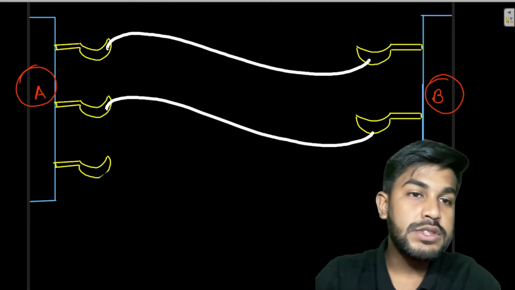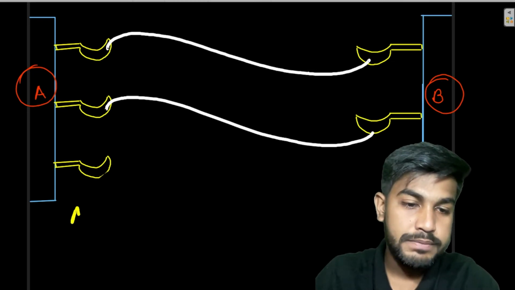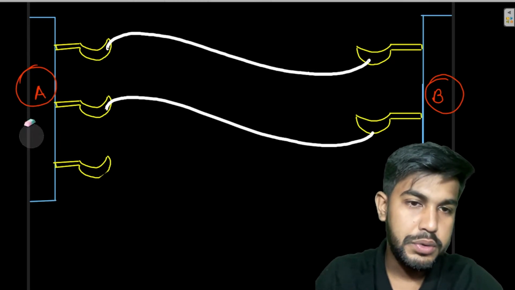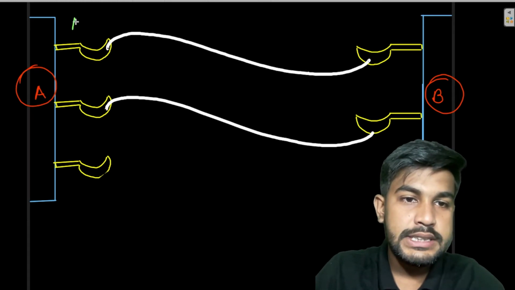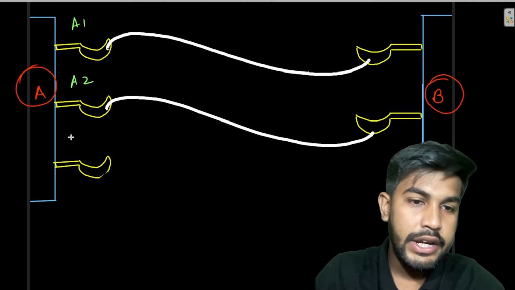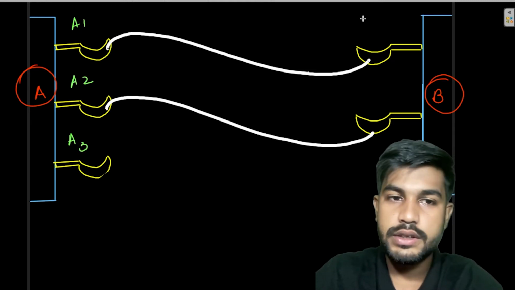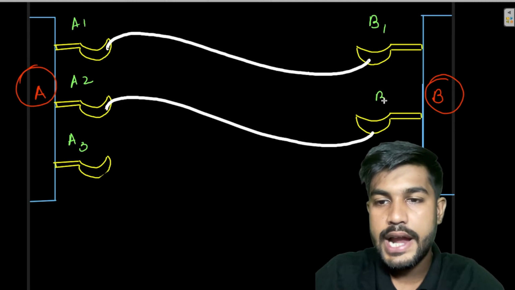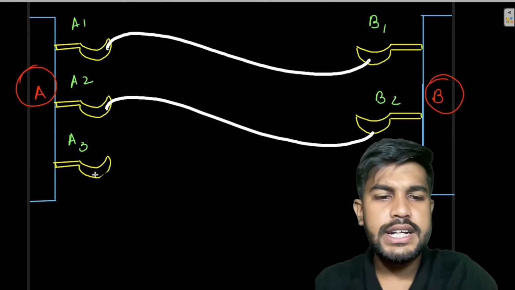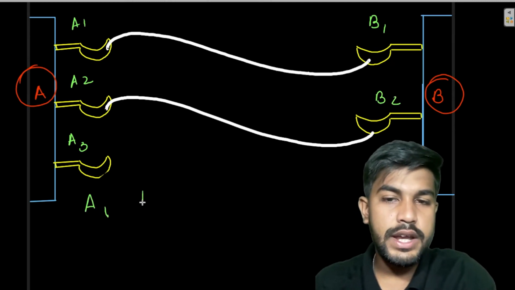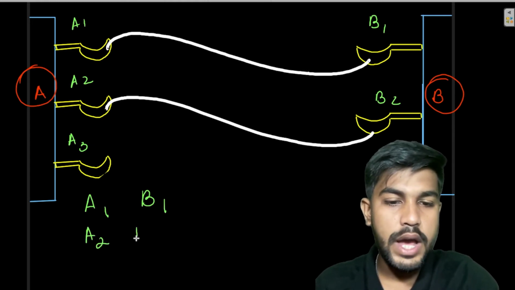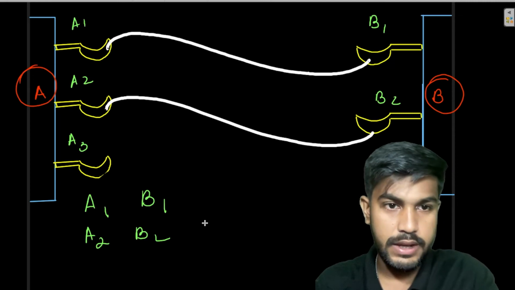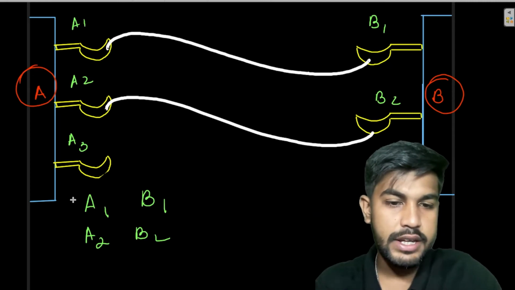Suppose this is hook 1. Suppose these are A1, A2, A3, and these are B1 and B2. Suppose we tie a knot from A1 to B1, and next we tie a knot from A2 to B2.